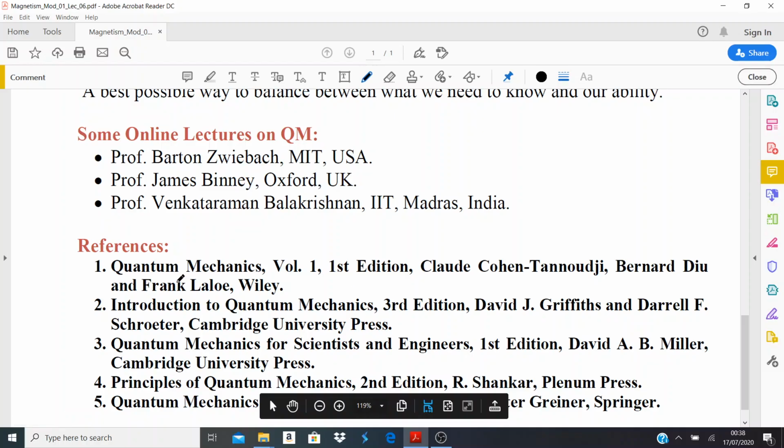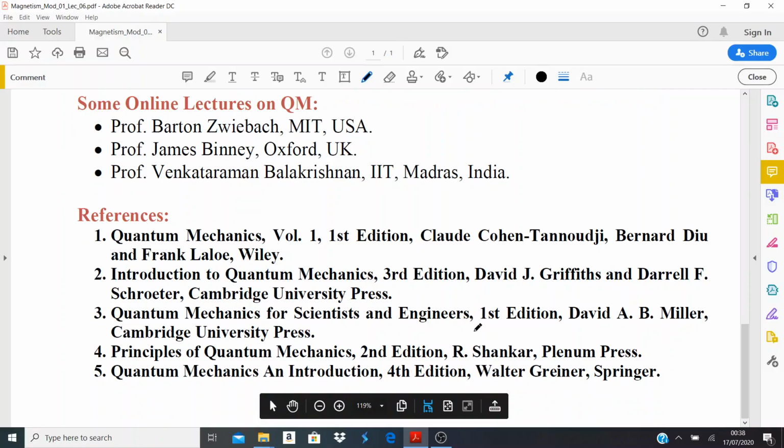The first one is Quantum Mechanics by Cohen-Tannoudji and others, then one by Griffiths from Cambridge University Press, then one by David Miller from Stanford University, then the one by Professor Shankar from Yale University, and the last one is by Walter Greiner. Beyond these 5, there are, as I told you, hundreds of textbooks in quantum mechanics. Feel free to choose any one you like, and then you can be on your own.